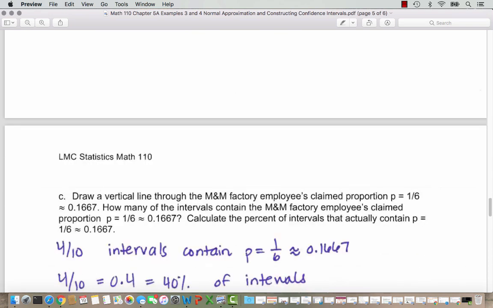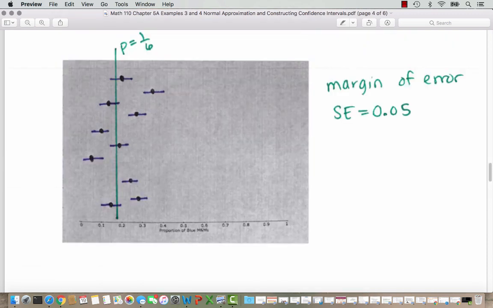So now we draw a vertical line through the M&M factory employee's claimed population proportion, p equals 1 out of 6, or 0.1667. And then we want to figure out how many of the intervals contain that claimed population proportion. So up here, back in this picture, my green line through 1 out of 6 is about where I think 0.1667 would be, so a little before 0.2.